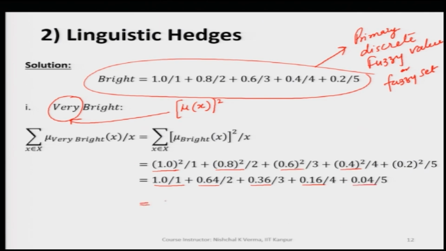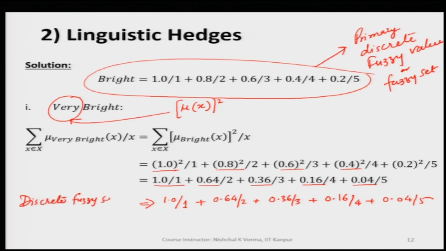This way we get a new discrete fuzzy set, which is the discrete fuzzy set for very bright.